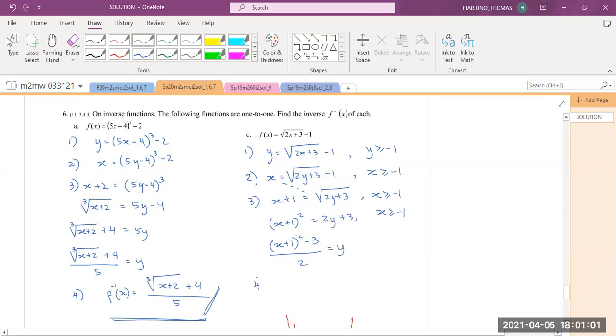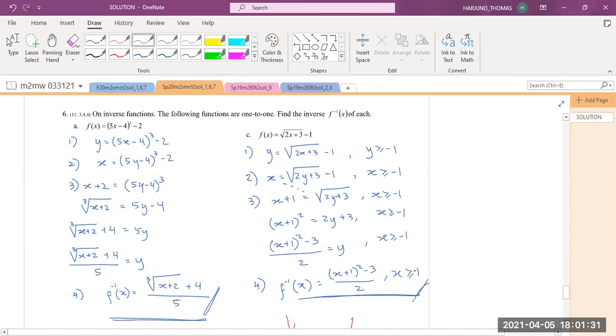So step 4, f inverse is equal to x plus 1 squared minus 3 over 2, which is not a one-to-one function until I put this restriction. So you need that restriction right now.